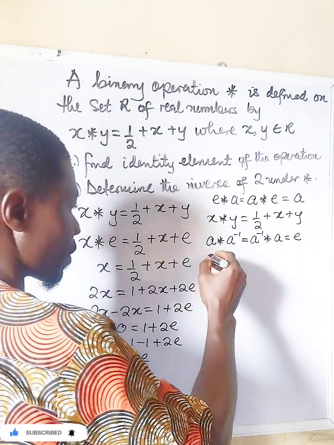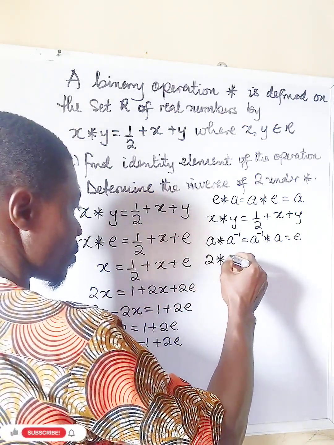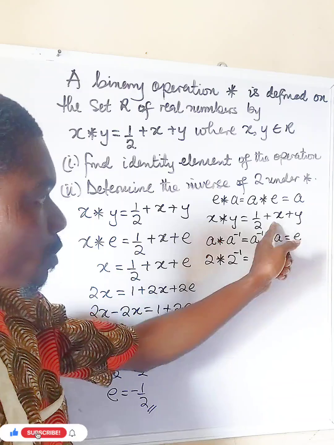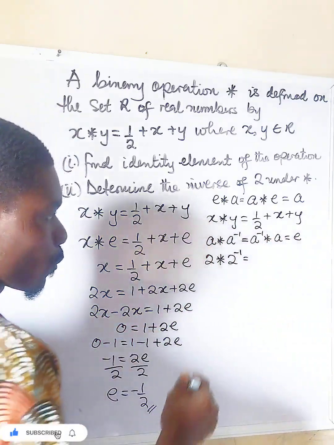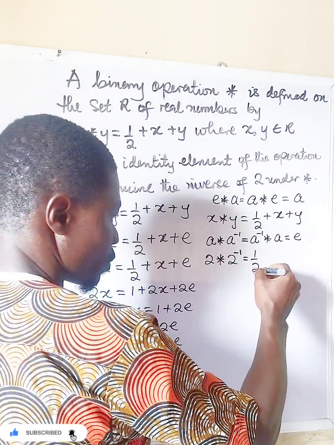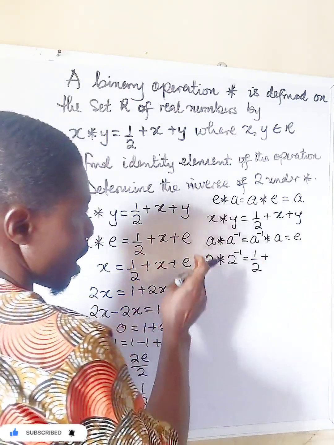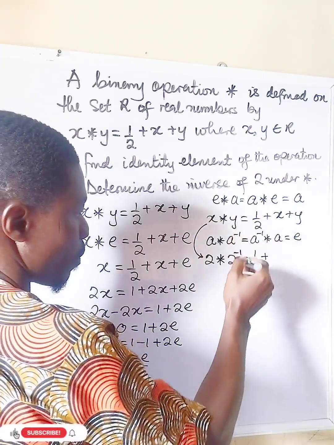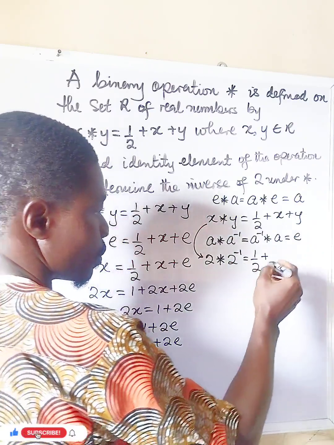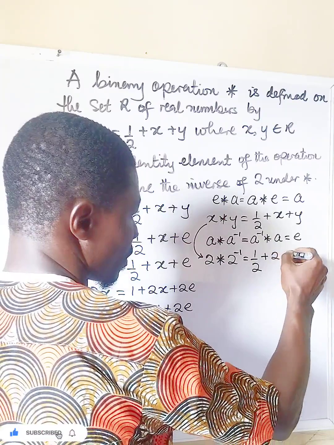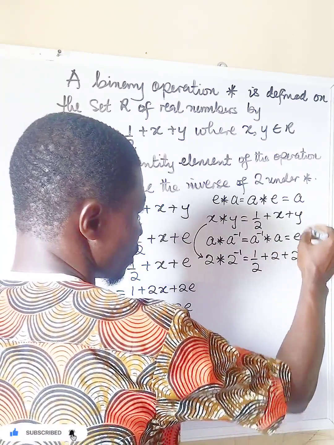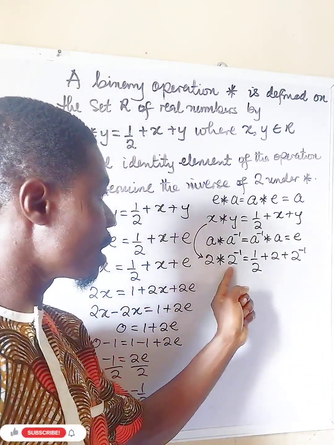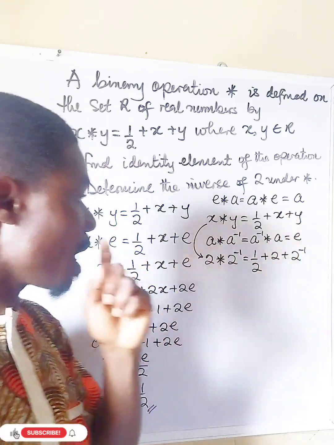So here we have 2 being operated upon by the inverse of 2. Coming over to this rule, we have 1 all over 2 plus x, where x equals 2, while y equals the inverse of 2. So our x here is 2, then plus the inverse of 2, which is our y.